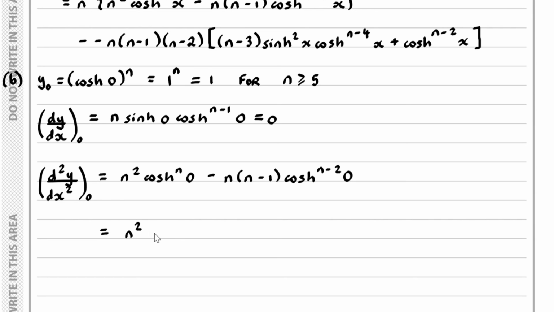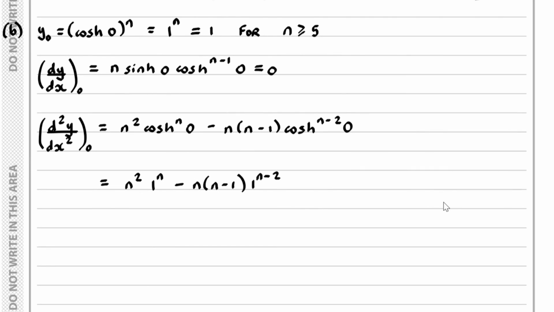So I've got n squared times 1 to the n, which is always 1, subtract n times (n minus 1) times 1 to the n minus 2, which is the same as n squared minus n times (n minus 1), and that's true for n greater than or equal to 5.